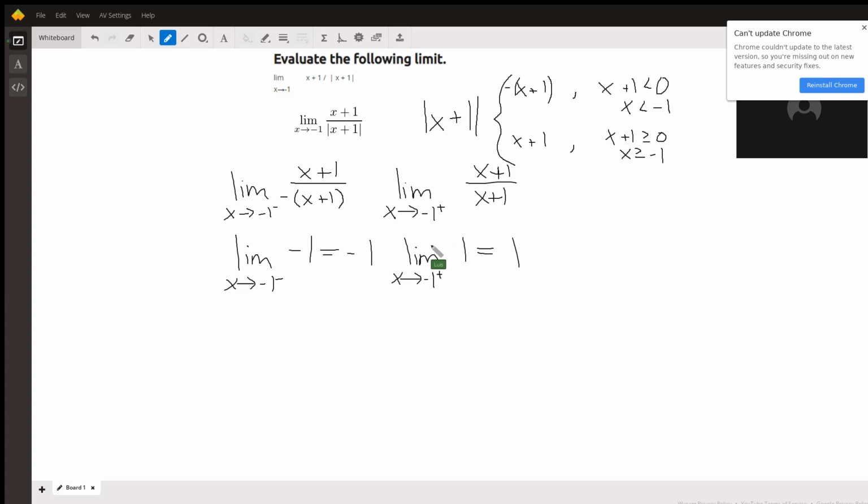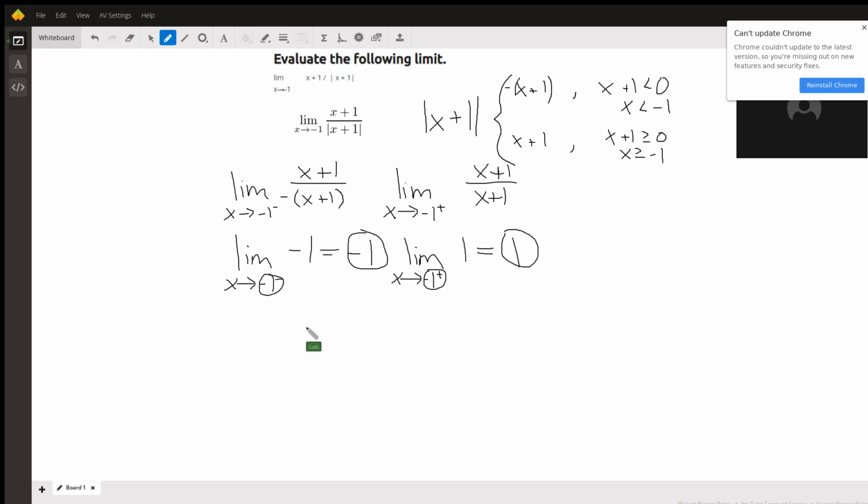So you notice that in order for a function to have a limit at a certain point, the left side and the right side have to be equal. But as you can see, these are not equal because this was -1 and this is 1.